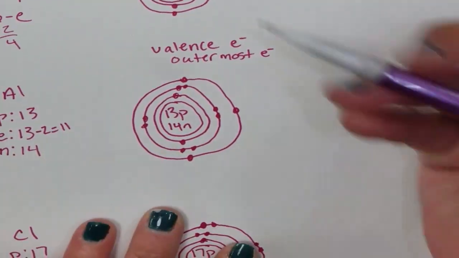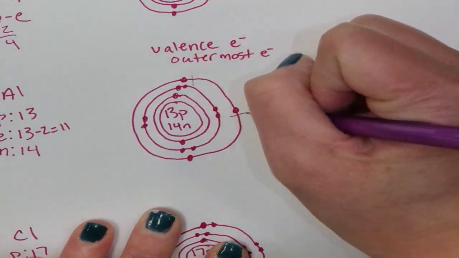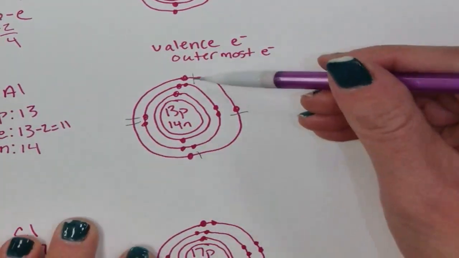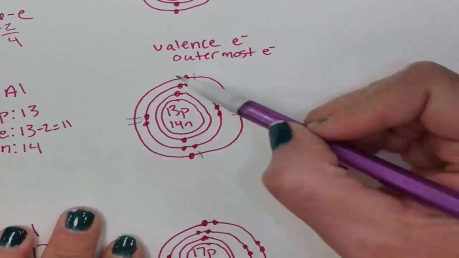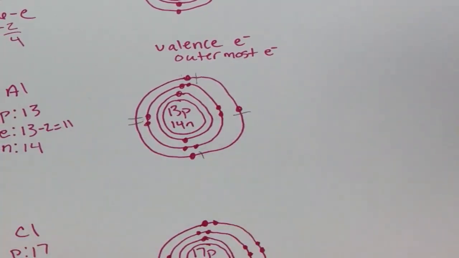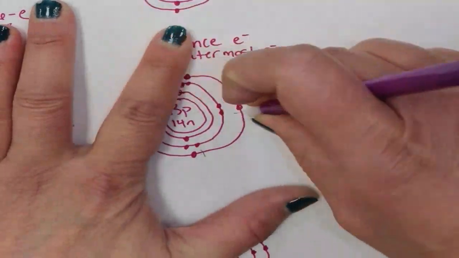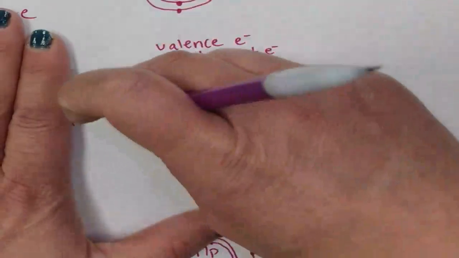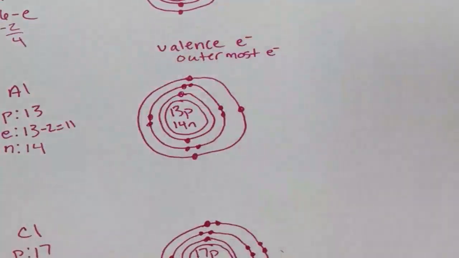The other option, aluminum could gain 5 additional electrons, which would give us 8 electrons total. Since the goal is 8, the question becomes, what is going to actually happen? Is aluminum going to lose or gain?